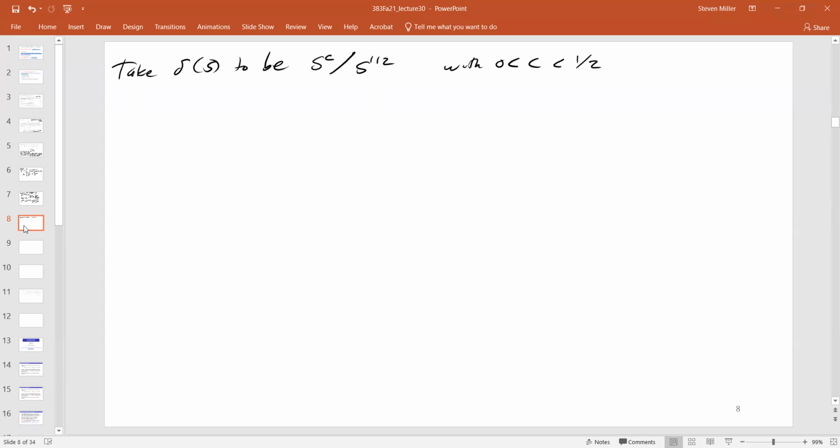And this gives me the natural scale to work on this. So we'll have the integral from a to x naught minus delta of s, plus the integral from x naught plus delta of s to b, of e to the negative s b of x c of x dx.